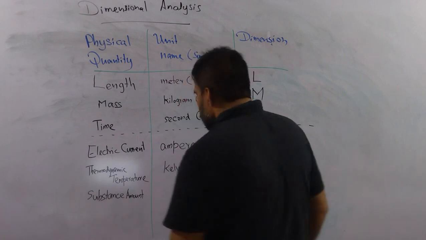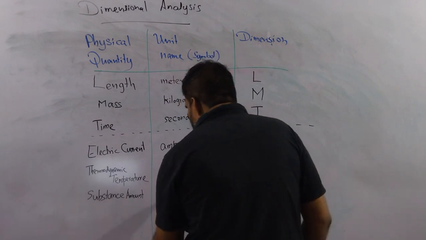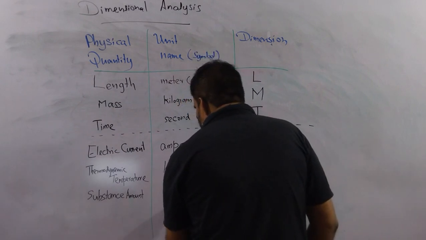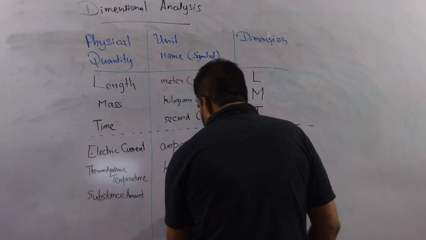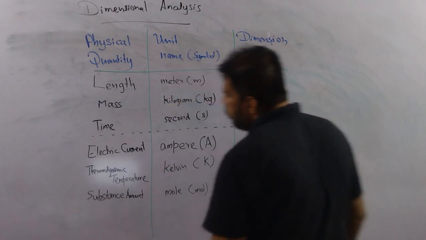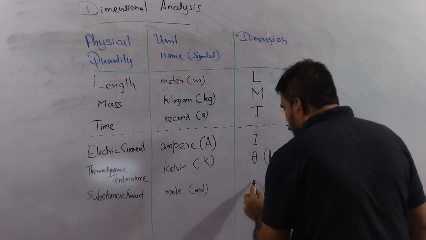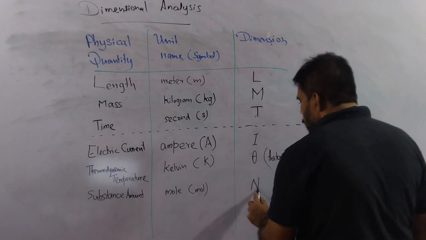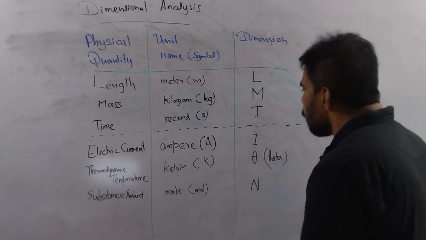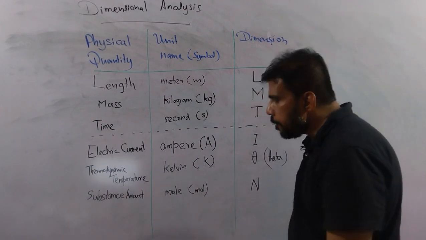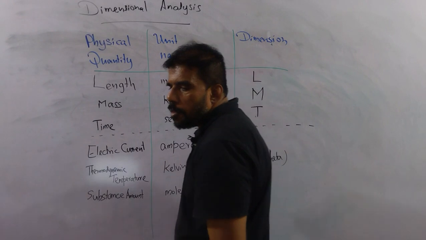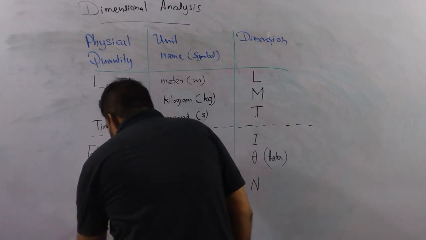Its unit name is mole, M-O-L-E, and the symbol is mol. And the common dimension for the mole or the amount of substance is N. When we are doing dimensional analysis, we use capital N to represent amount of substance. Then luminosity.